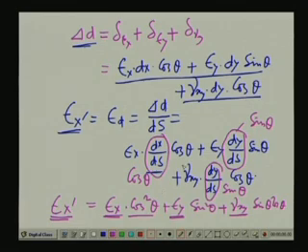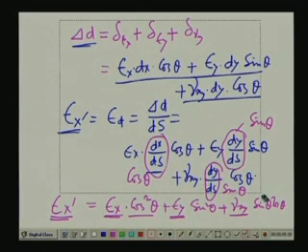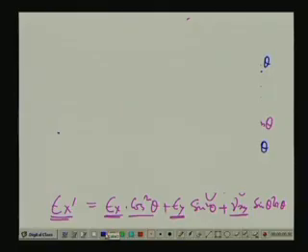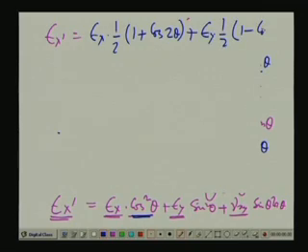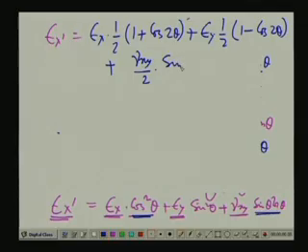Writing cos square theta in terms of cos 2 theta, let us write epsilon x dashed as equal to epsilon x, in place of cos square theta we write half into 1 plus cos 2 theta, plus epsilon y times half into 1 minus cos 2 theta, plus gamma xy by 2 times twice sin theta cos theta, which gives sin 2 theta.